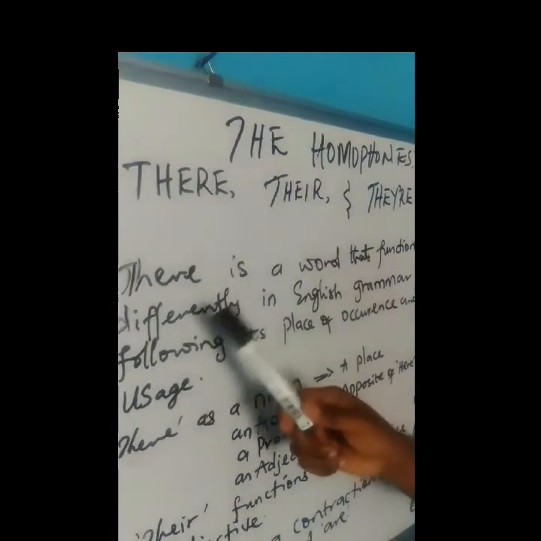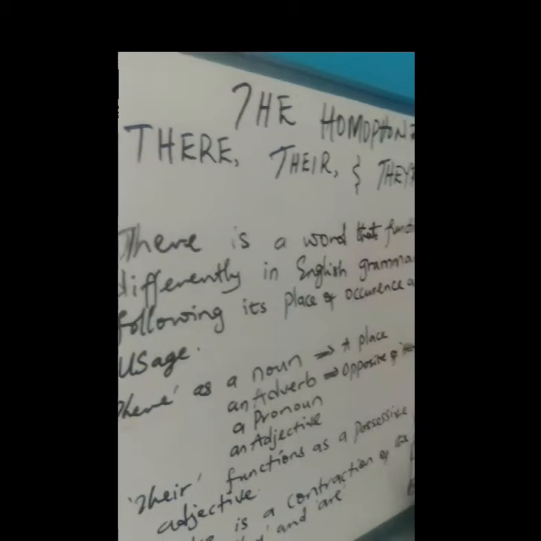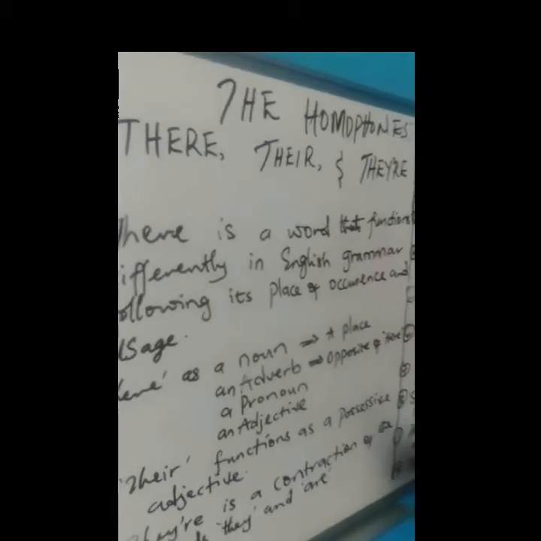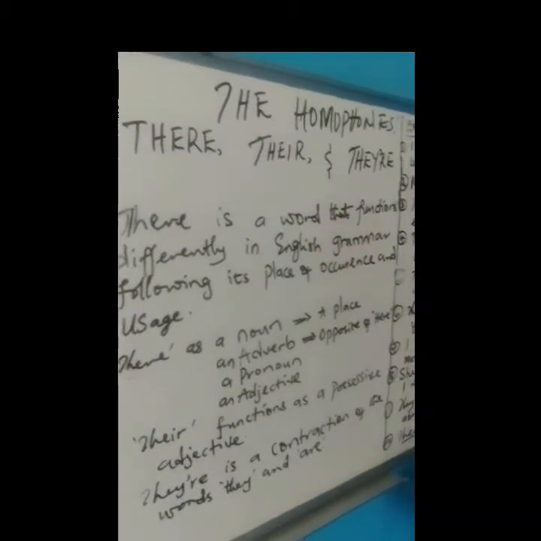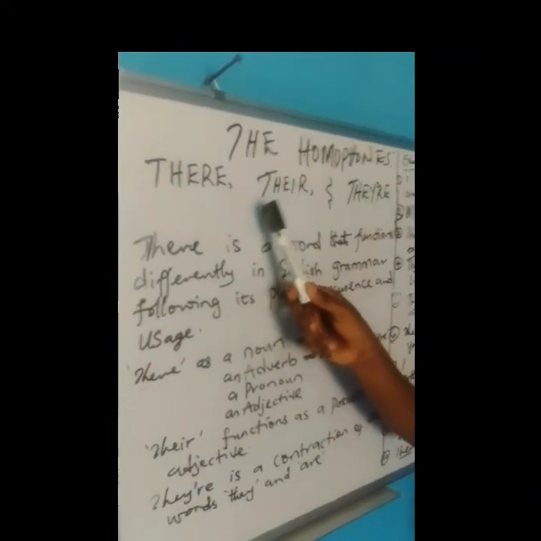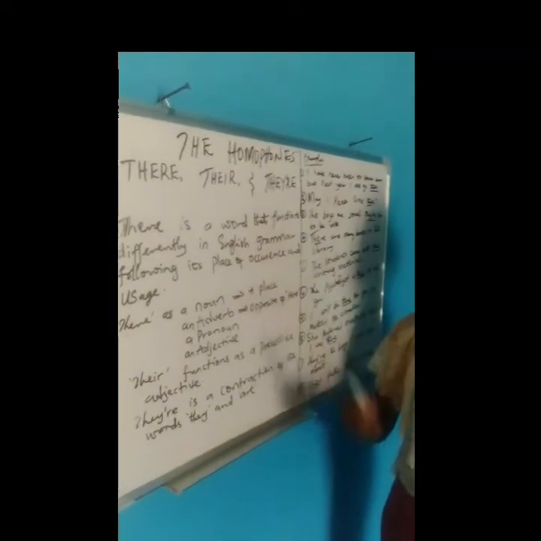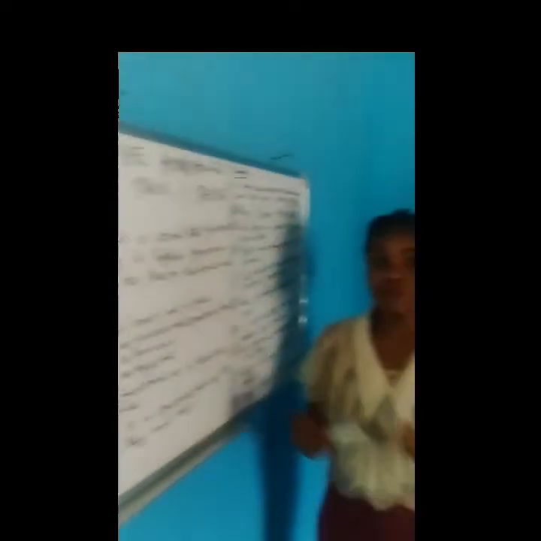Now, if you look at this, each word functions differently in English grammar, following its place of occurrence and usage. For you to be able to decipher which of these homophones is to be used in a sentence, you have to understand the place of its occurrence and its function in that particular sentence.